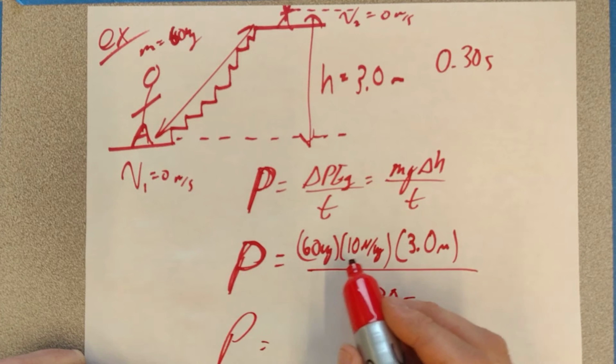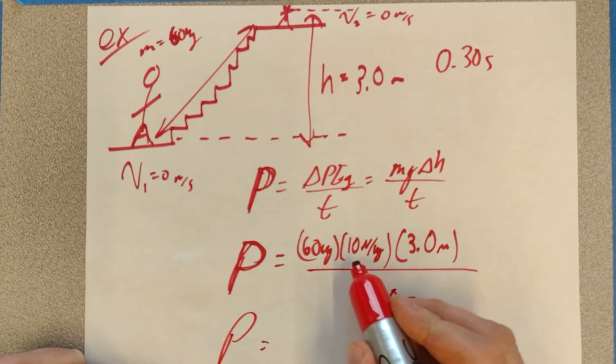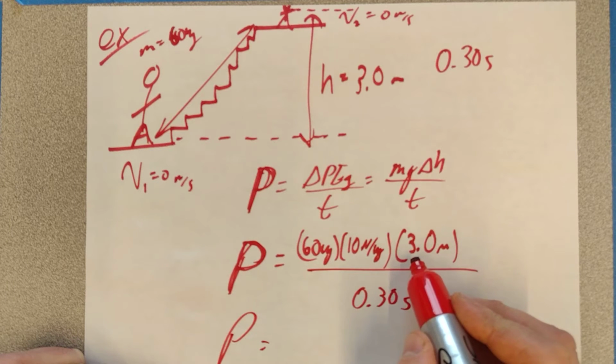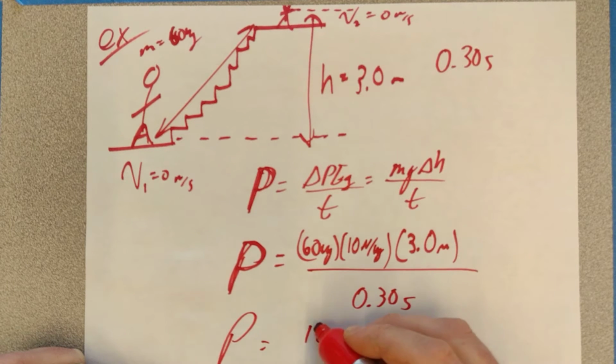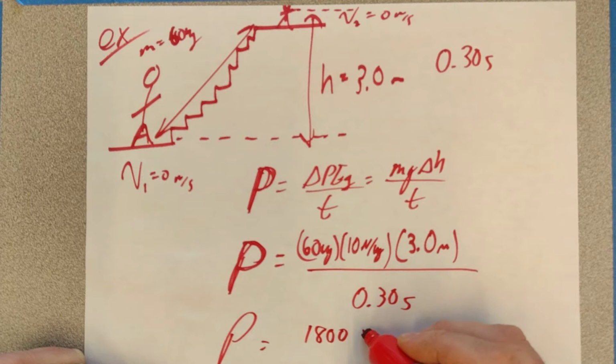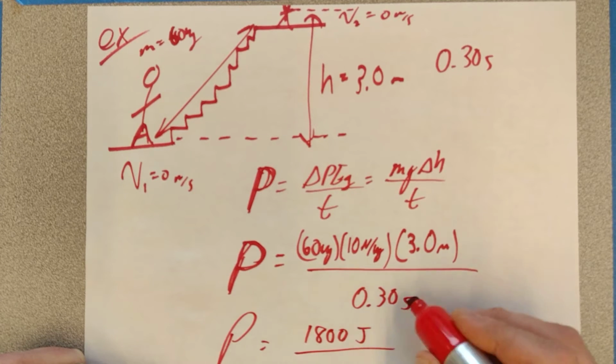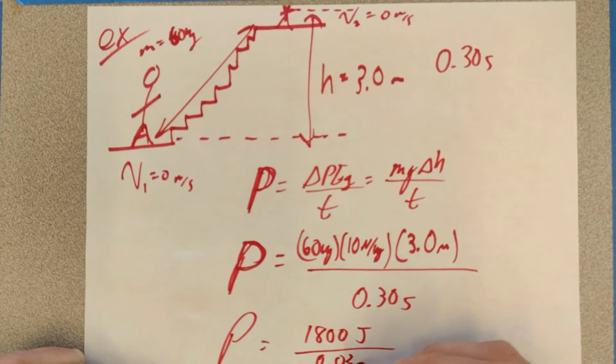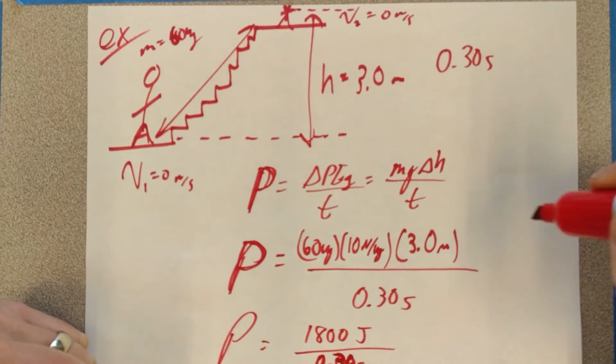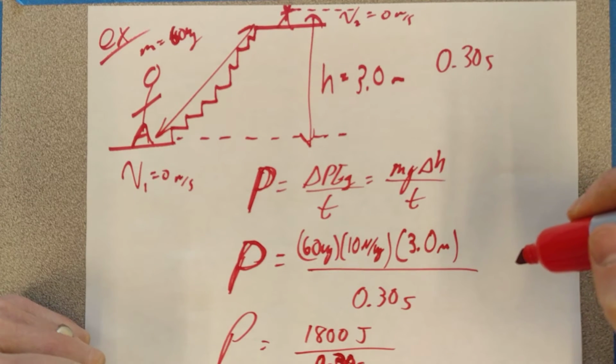Power: 60 times 10 is 600, times 3 is 1800. 1800 joules in 0.30 seconds, divided by 0.3. So 1800 divided by 3 would be 600.